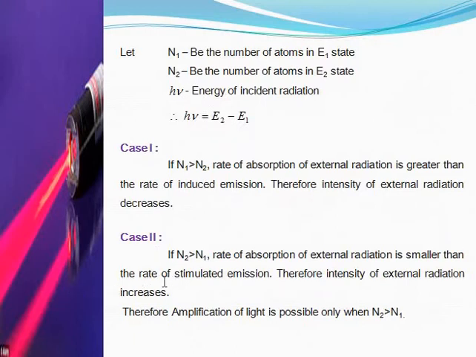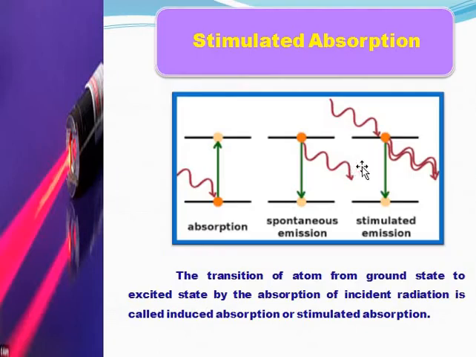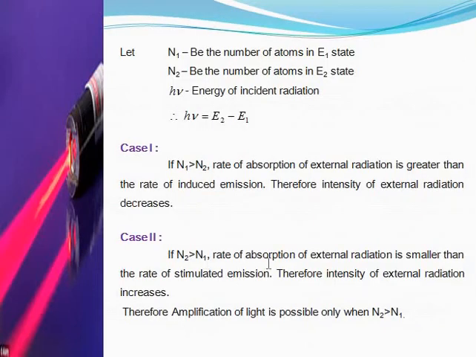In the second case, if N2 is greater than N1, in the sense that the number of atoms in the excited state is more than in the ground state, then the rate of absorption of external radiation is smaller than the rate of stimulated emission. Therefore the intensity of external radiation increases.